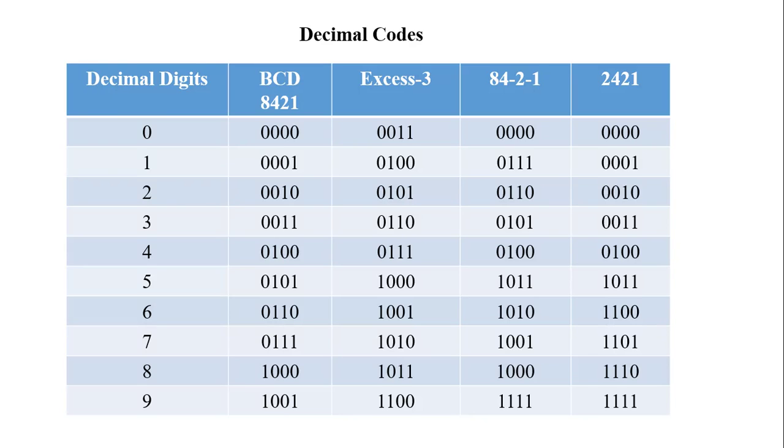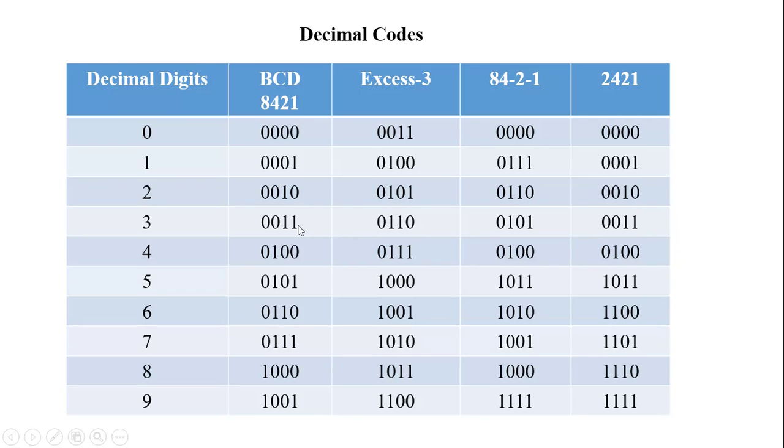To make BCD a self-complementary code, we add 3. So it becomes XS3 code. In XS3, we add 3 to each BCD code, and we get XS3 code. This is the XS3 code of decimal 0. This is the XS3 code of 1. This is the XS3 code of 2. This is the XS3 code of 3.